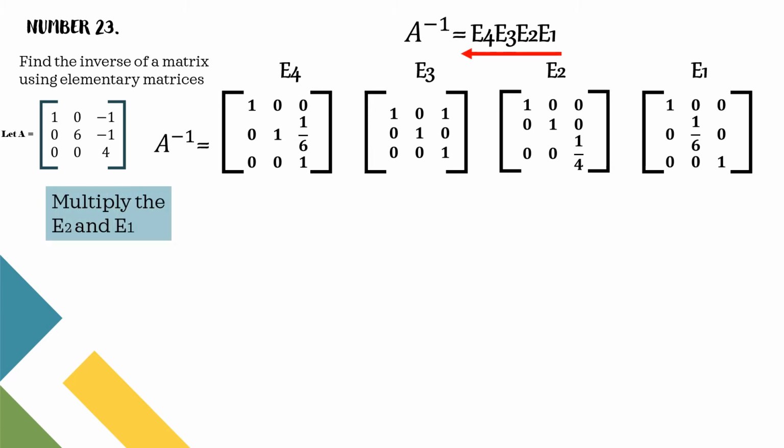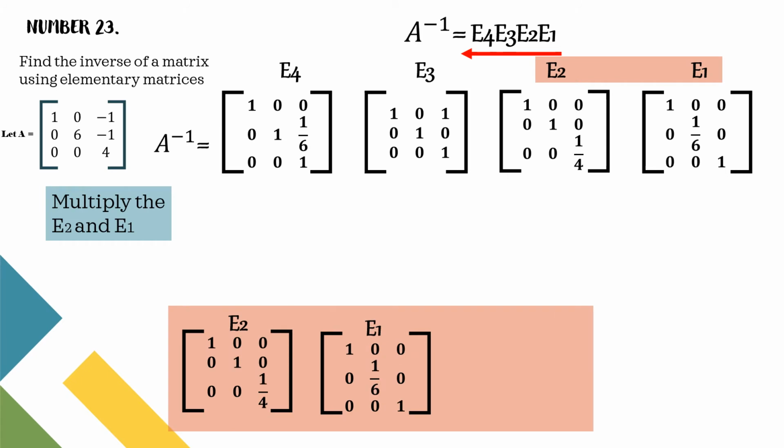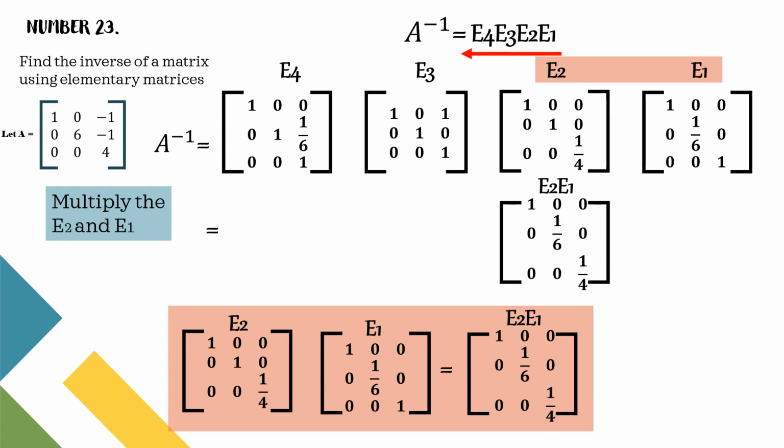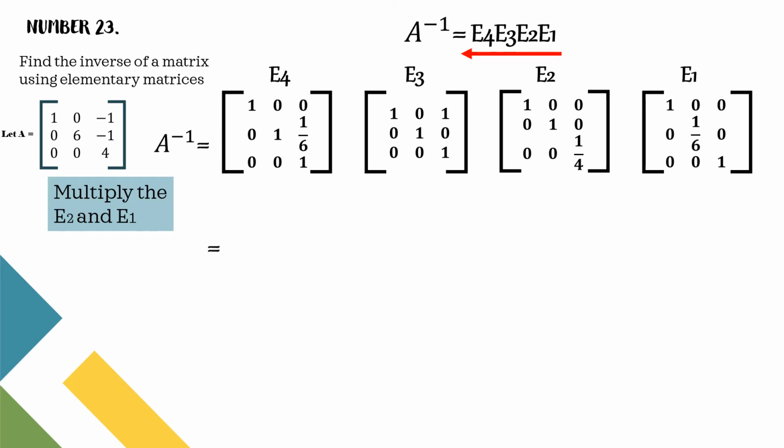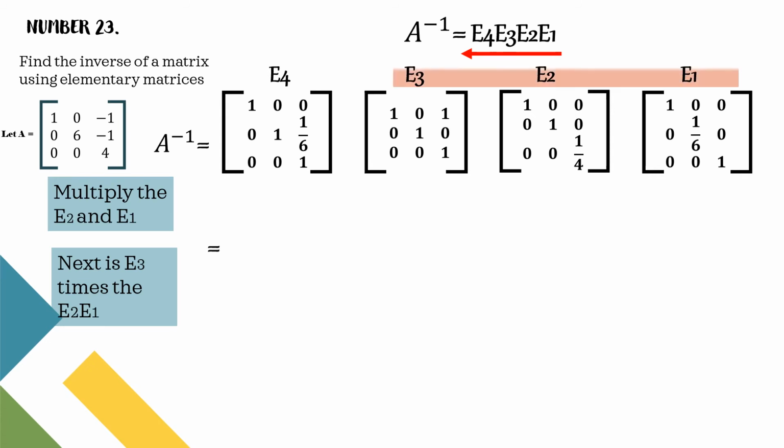First, we multiply E sub 2 and E sub 1. E sub 2 times E sub 1 equals a 3 by 3 matrix. We have 1, 0, 0, 0, 1/6, 0, 0, 0, 1/4. This is our E sub 2 times E sub 1 matrix. Next is E sub 3 times the product of E sub 2 and E sub 1, the matrix we got earlier.